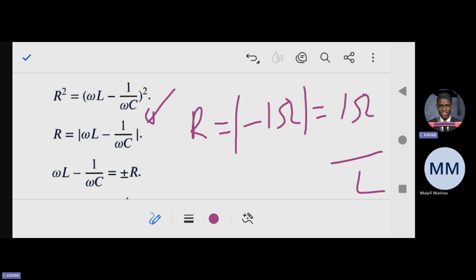So here you are not going to put brackets; you are going to put R as the absolute. There's a possibility that when you are calculating, you will get a negative, because I know in physics you can never get a negative.